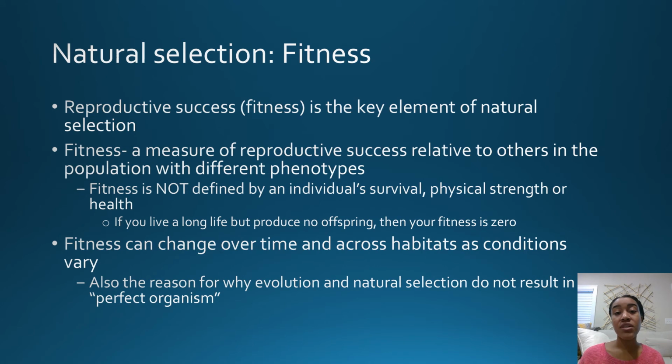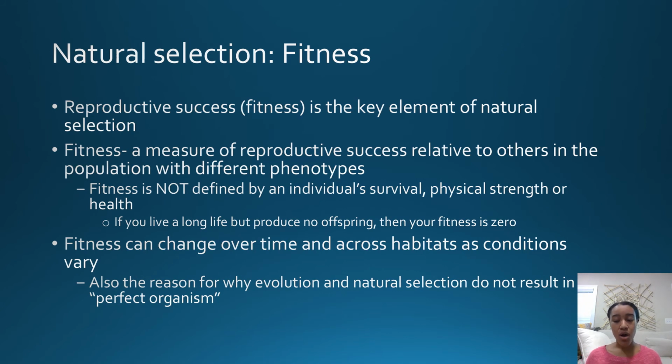However, your fitness is considered to be 0 if you had no children, whereas someone who was able to reproduce and have 26 kids and died at, I don't know, 40, which would be a lot of children, would be considered more fit than you, because it's all based on reproductive success, right? And organisms' fitness can change based on their habitat and the conditions of their environment, right?